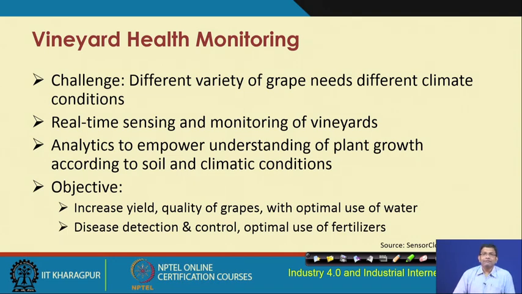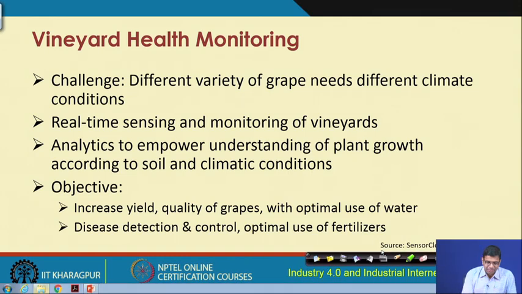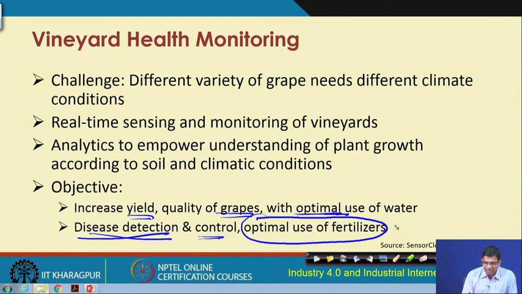The objective is to increase the yield and quality of grapes, and optimal use of water, and at the same time decrease the incidence of plant diseases and control them, and consequently, based on the predictions, optimally use the fertilizers and spray them.